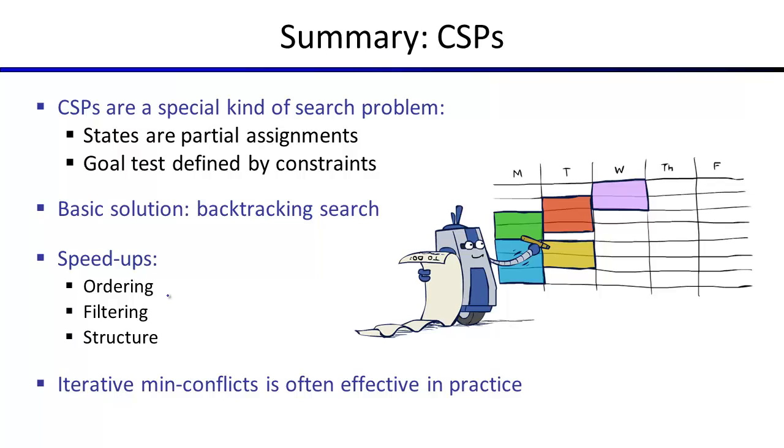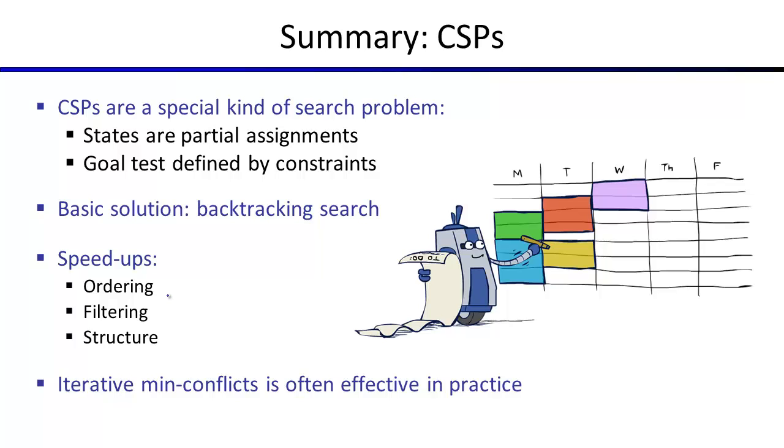Okay, so CSPs are a special kind of search problem. The states were partial assignments, though we started thinking about them as complete assignments just now. The goal test is broken up by constraints, which is nice because instead of just having a goal test at the end, you can have the goal test as you go, which lets you stop early. That gave us the basic solution of backtracking search, which had a bunch of speedups.